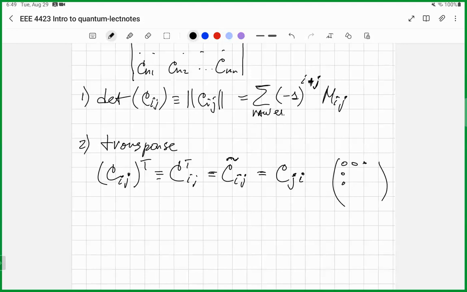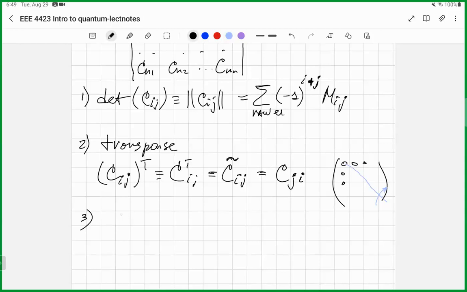The quadratic matrix has this main diagonal, and the way we do transpose, we simply rotate this matrix over this diagonal like this. So the column becomes row, the row becomes column. So this is the transposition.